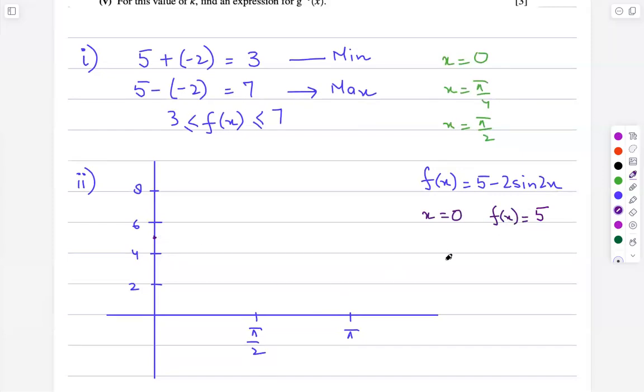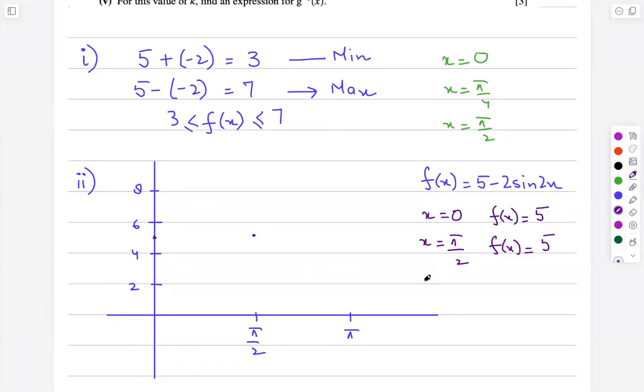Taking the value of x now as pi upon 2, we substitute into the function: 5 minus 2 sine of 2 into pi upon 2, and sine of pi will be equal to 0. So the value will also be 5. So this will be 5 up here.